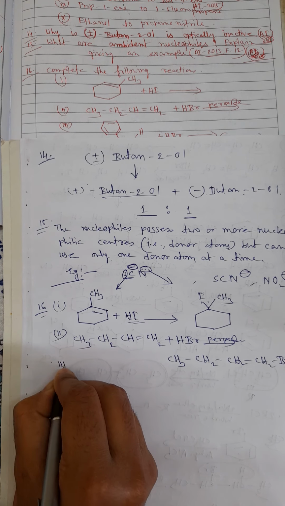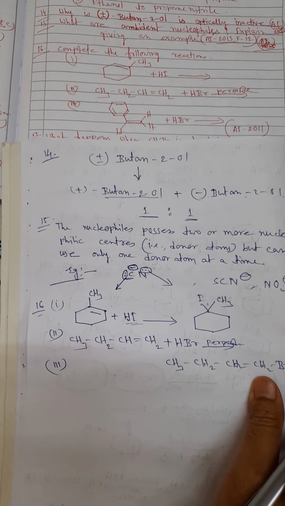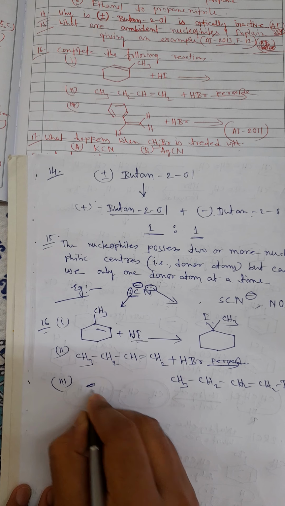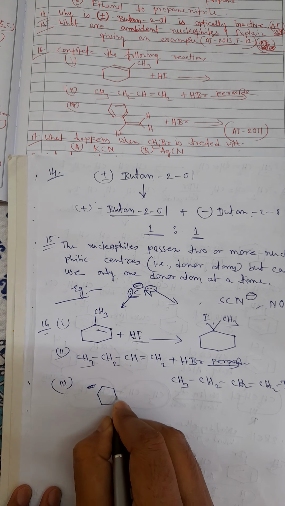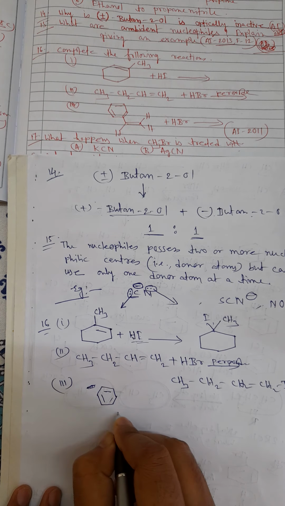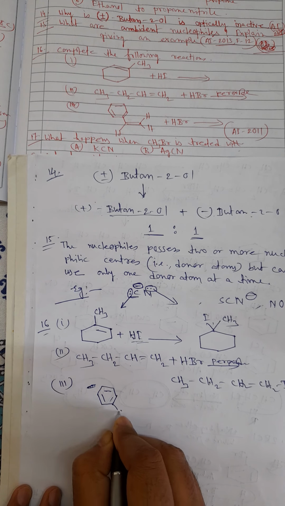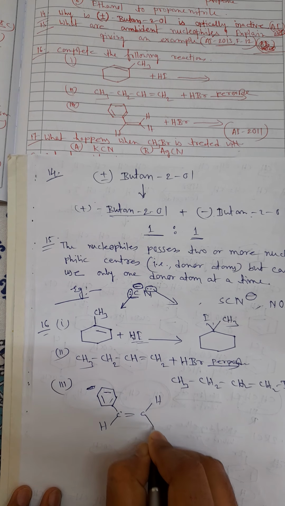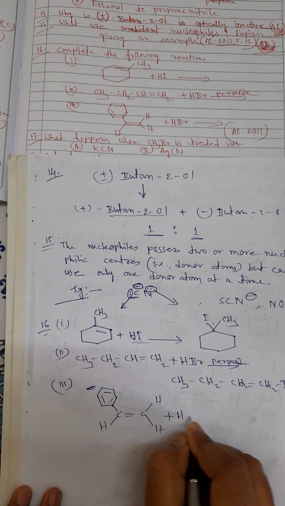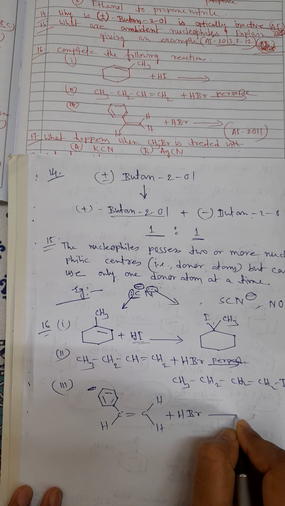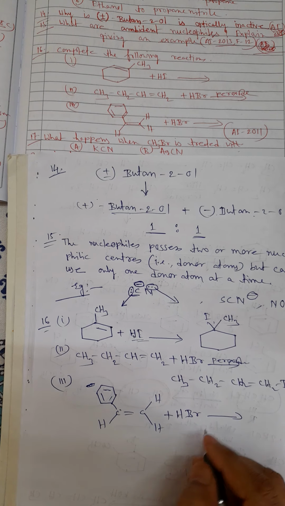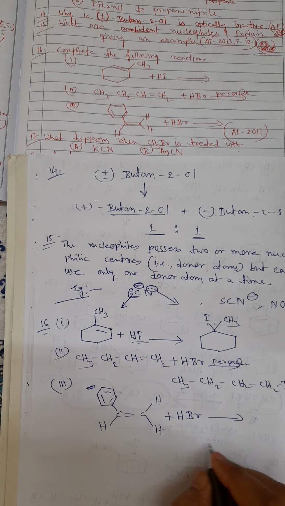Now let's come to the next one, that is styrene, C6H5-CH=CH2. When it reacts with HBr, here also HBr will be added according to the Markovnikov's rule, but not the anti-Markovnikov's.